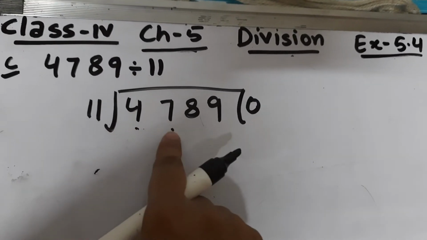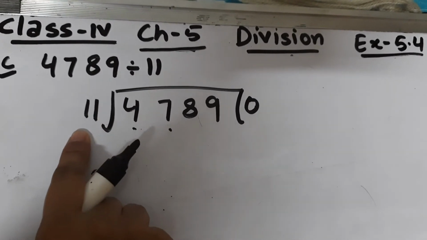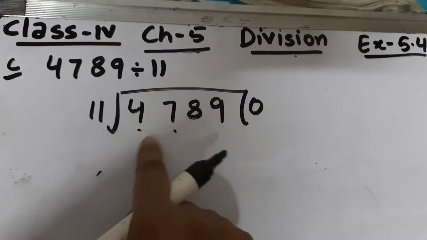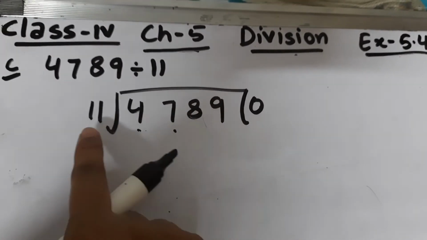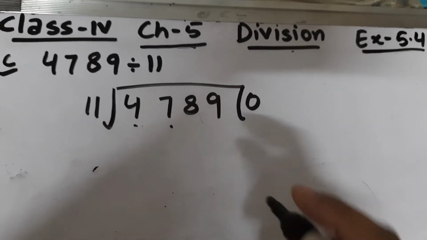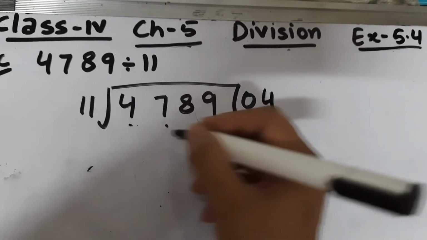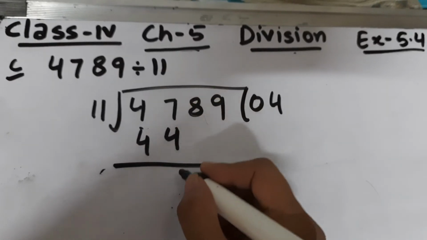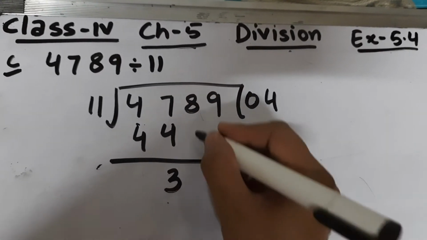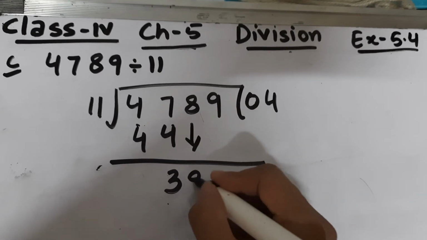Now does 47 come at the table of 11? No, 47 doesn't come at the table of 11. So we will take a number that is just smaller than 47 and comes at the table of 11, and that is 44. 11 fours are 44. Now subtract it. 7 minus 4 is 3 and bring this 8 down.